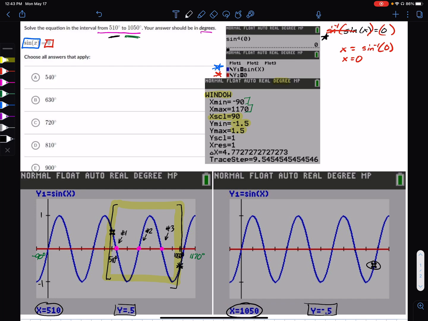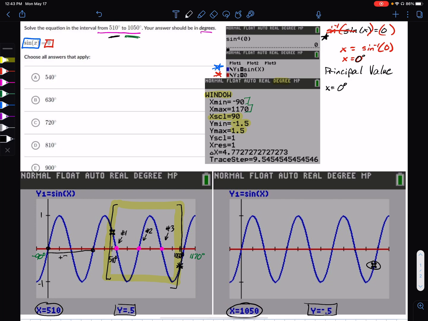Go back to our principal value. That was the thing we found first in the calculator by algebraically solving for x with the equation sine x equals 0, and that was 0 degrees. Now, the periodic nature of the sine function shows us that every period I get to that same point.